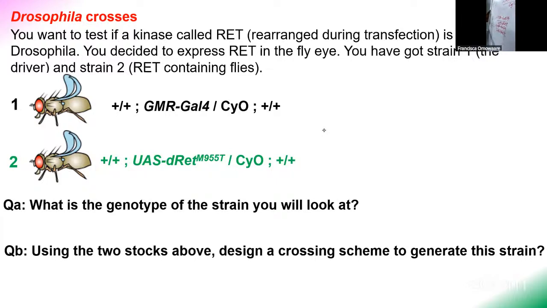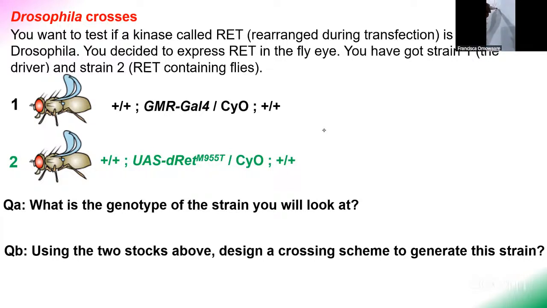So that's 1, 2, 3. What are the other genotypes? We can also have plus over plus, GMR GAL4 over curly, and then 4, plus over Y, GMR GAL4 over curly.